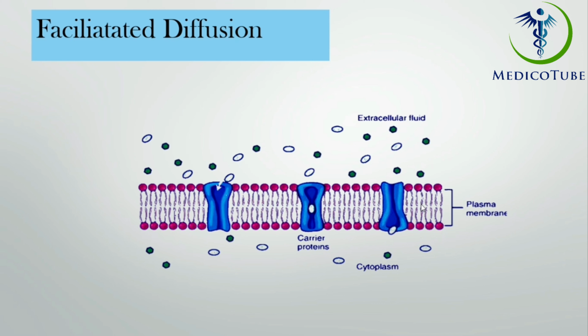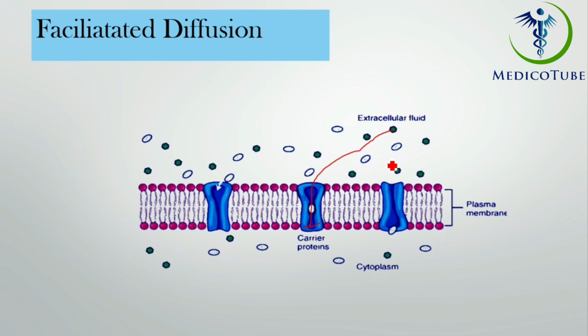But in facilitated diffusion, some drugs have a large molecular weight and large size, so they cannot cross the cell membrane directly. They need carriers that can take them into the cell. There are different proteins that take the drug, cross the cell membrane, and release the drug into the cell.